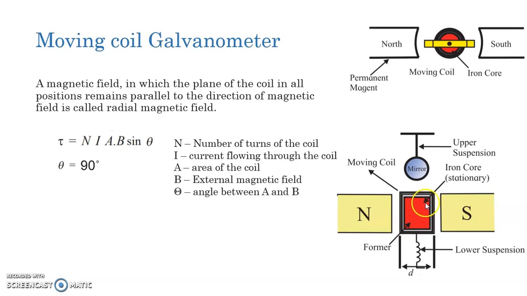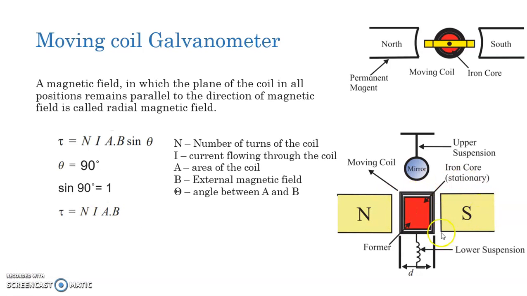So the angle between A bar and B bar will be 90 degrees. We know that sin 90 degrees is equal to 1. So when we substitute sin 90 as 1 in this formula, we get tau is equal to NIAB.